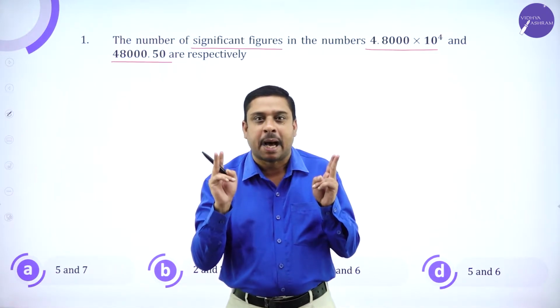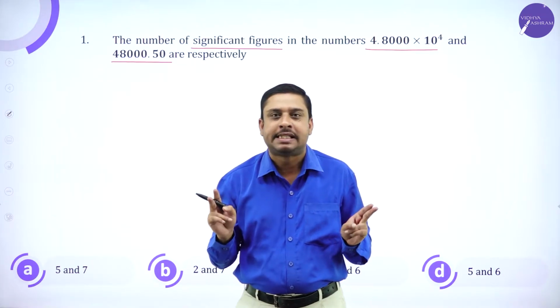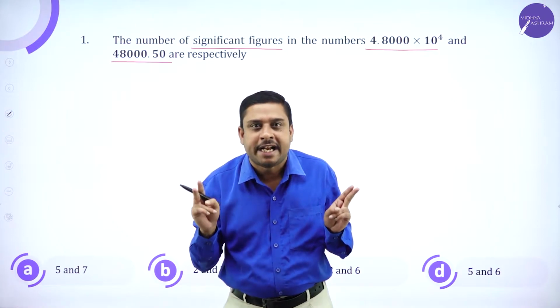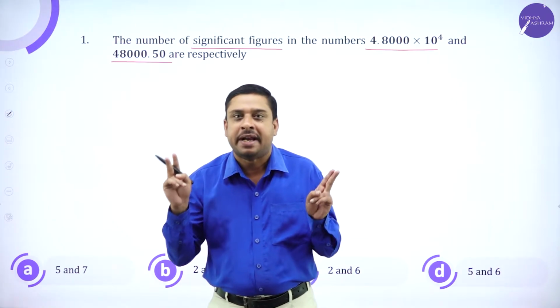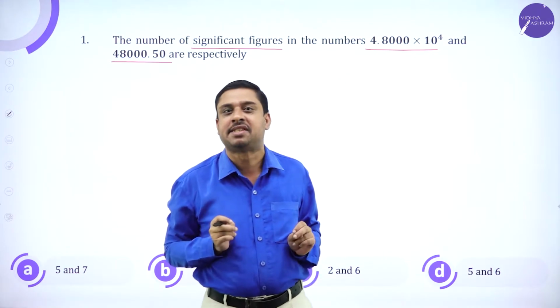They have given two numbers. Using the laws, we have to identify the number of significant digits in them.